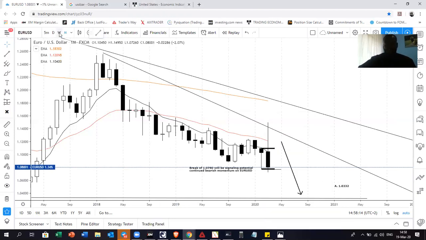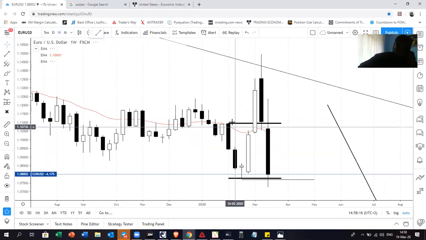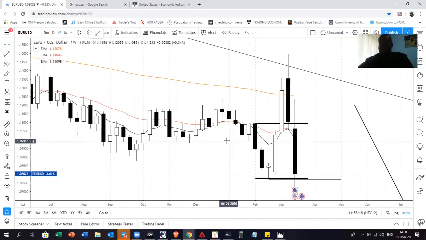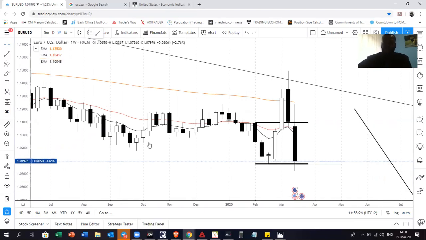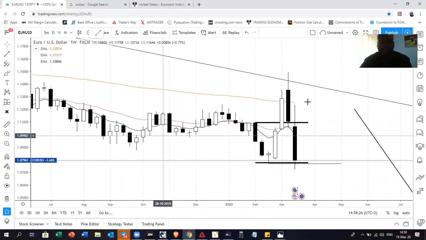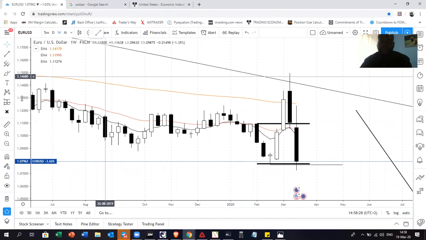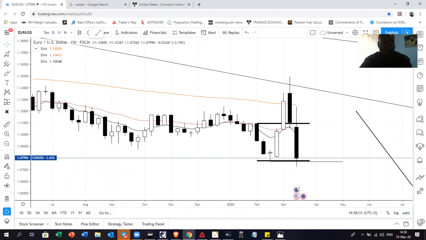Good. We got information. Right now we need more information because we want to plan for a trade for the next coming weeks or days or whatever. So next step, lower time frame, weekly chart. And what I'm doing here is I'm doing the exact same thing.